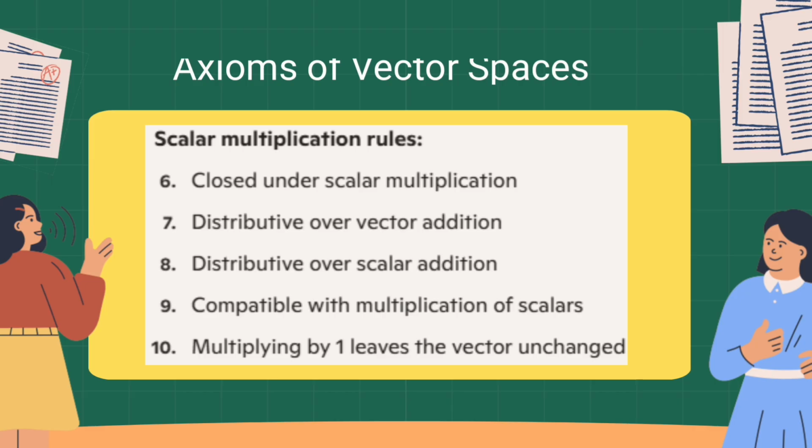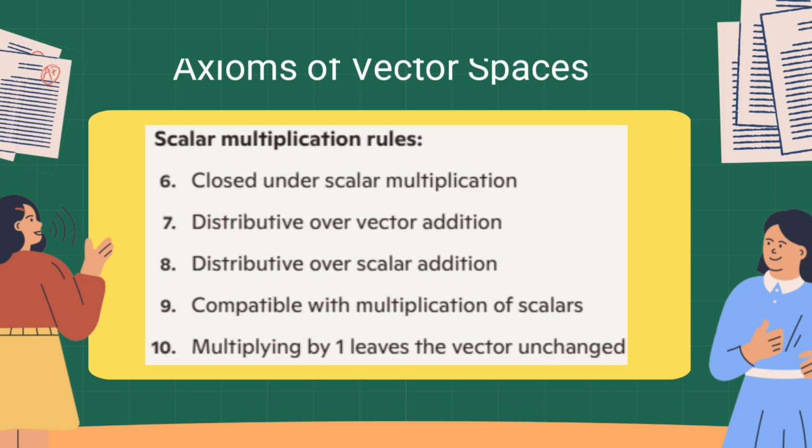Next, number 7, distributive over vector addition. Scalars distribute. For example, c times the quantity (u plus v) is equal to c times u plus c times v. This ensures consistency when scaling sums.